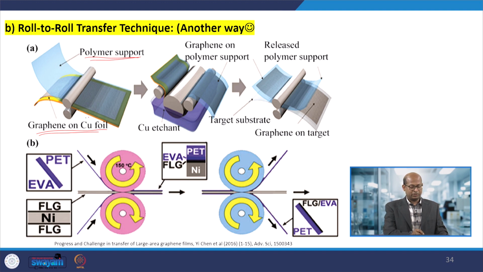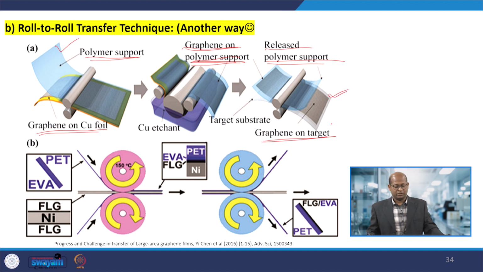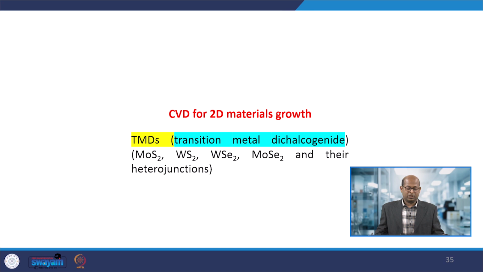Both pass through these rollers, and then the graphene ends up on the polymeric support. This polymeric support initially had nothing on it. When it is passed through, the graphene is transferred from the copper foil to the polymer support, and then it is released from the polymer support onto a particular target material, where we can deposit the graphene.